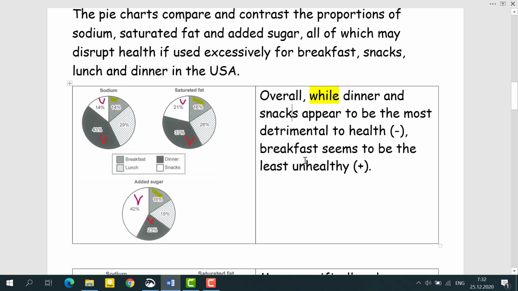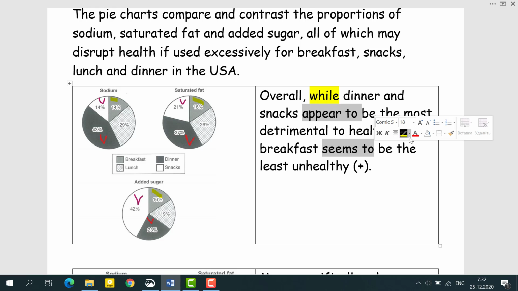Next, breakfast seems to be the least unhealthy. Now, if you look at breakfast, we have only 14%, 16%, 16%. So these percentages are low, and therefore I've just written breakfast seems to be the least unhealthy. Here I'm using the word appear to, and here I'm using seems to.